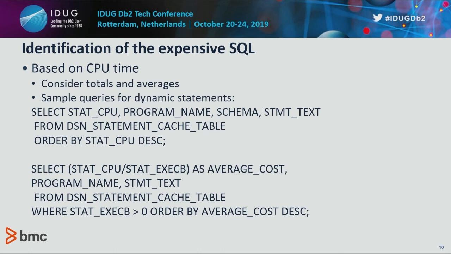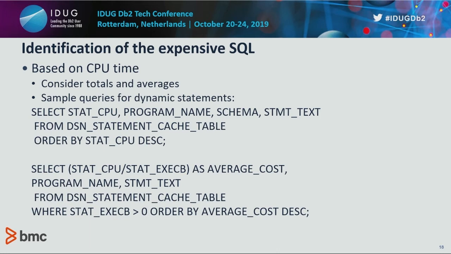The first one's looking at total CPU consumption. In many cases that's important because you want to factor in that even if a statement doesn't consume a lot of CPU or resources on one execution, if it's one that's very frequent, then you can still get quite a bit of benefit from making an improvement on that statement's performance just because it runs so often.